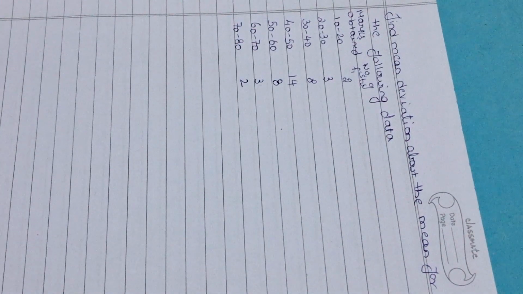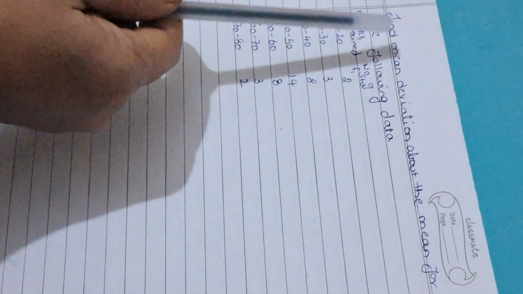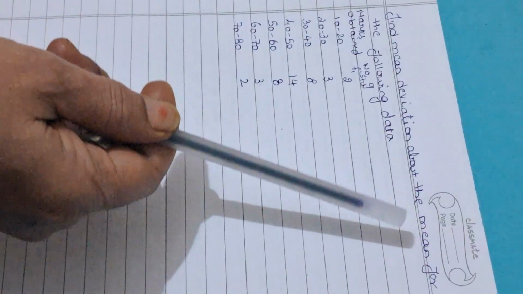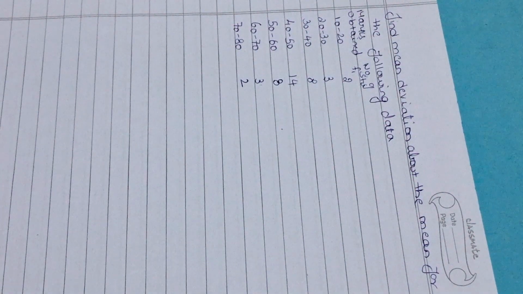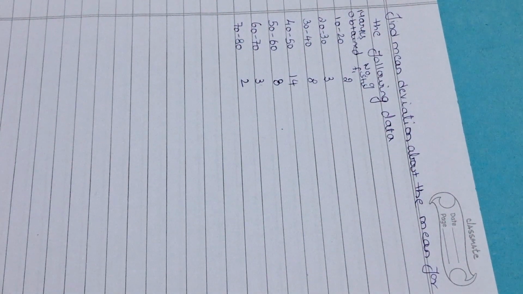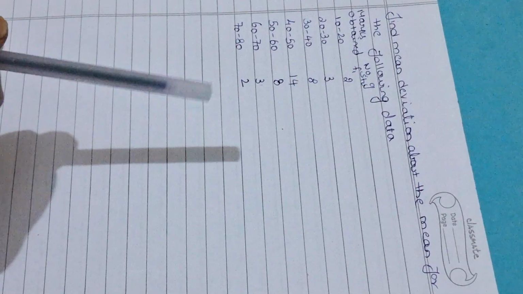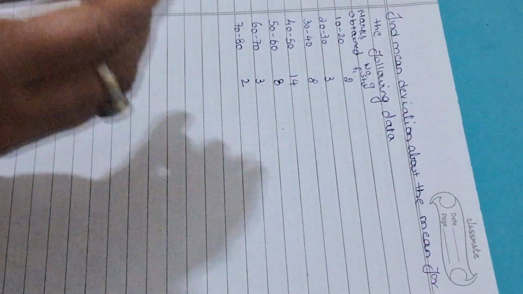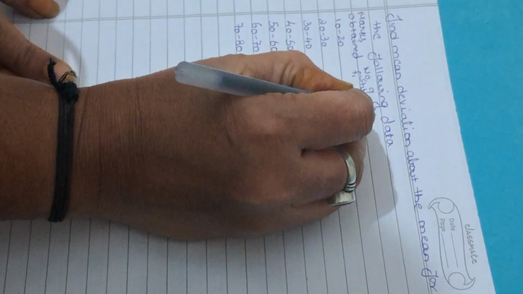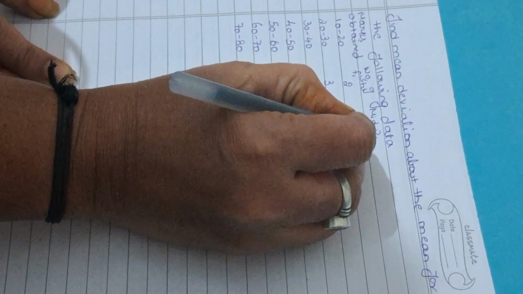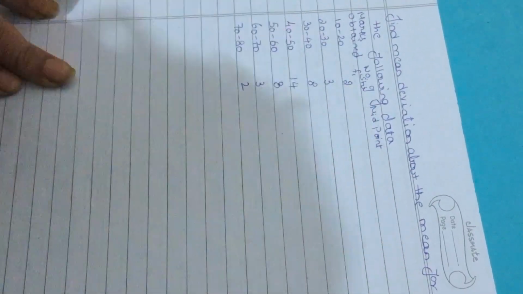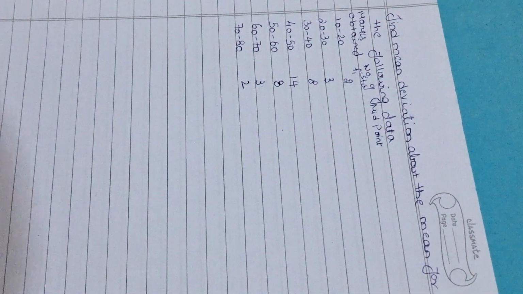So now we have to find the mean deviation about the mean. Let's get started. First of all, I'll find the midpoint. How do we get a midpoint?